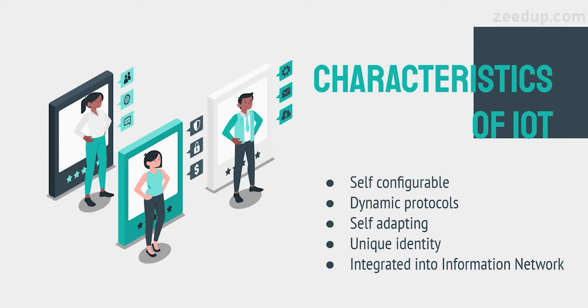Coming to the next, the characteristics of IoT. The first I want to tell is dynamic and self-configurable. IoT devices and systems may have the capability to dynamically adapt to changes in their context and also take actions based on their operating conditions. For example, let us take temperature measurement. Let us measure what exactly the atmosphere temperature is.